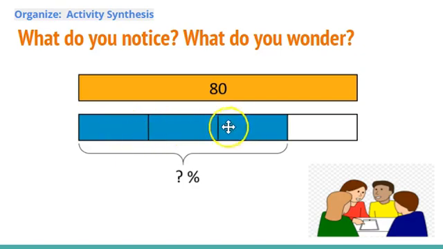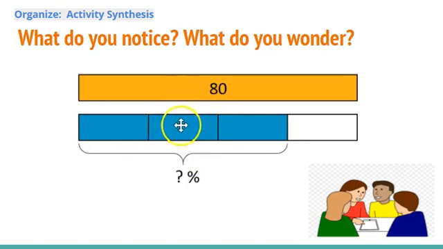We can find out exactly what these 3 parts represent out of the 80. We can also figure out the percentage. If 4 parts together make 100%, we have to figure out what 1/4 is. What's 1/4 of 100? Yeah, 25. So if I've got 25 for each of these blue parts, that means it's 75%. And we can also figure out what 75% of 80 is really quick, couldn't we?